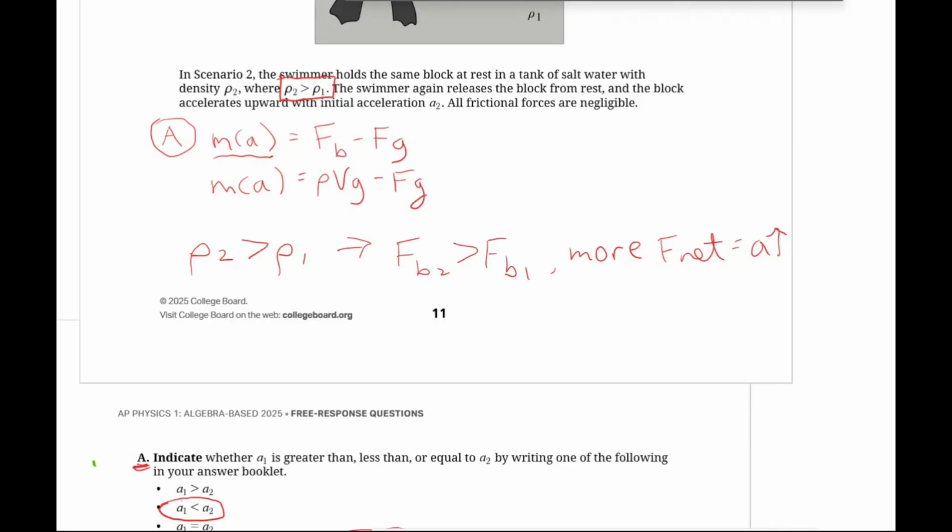And I said if rho 2 is greater than rho 1, then my buoyant force 2 must be greater than my buoyant force 1, because rho Vg is the product of three numbers that obviously includes rho, that gives us our FB. So FB2 must be greater than FB1. And then if you have more buoyant force, then you have more net force, and that equals more upward acceleration. So I would have written some of those things down along with a few sentences to back up my work.